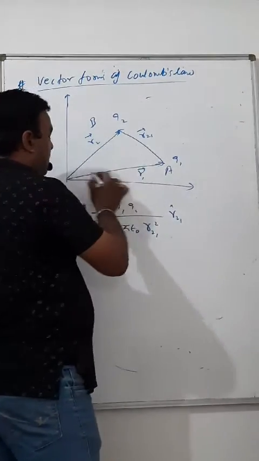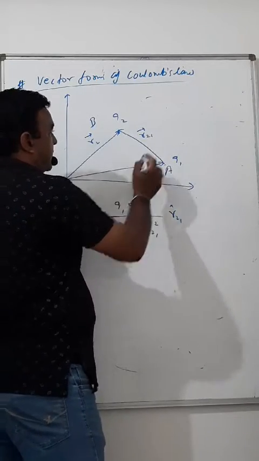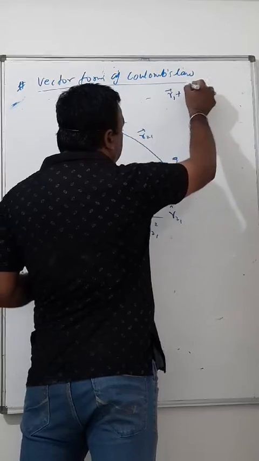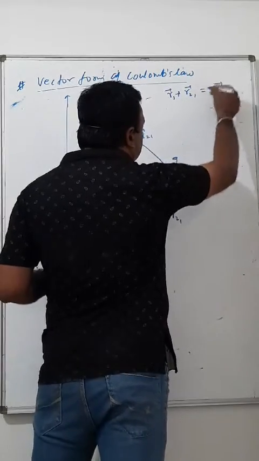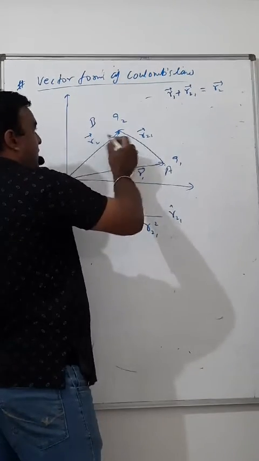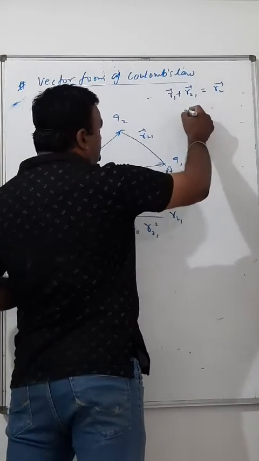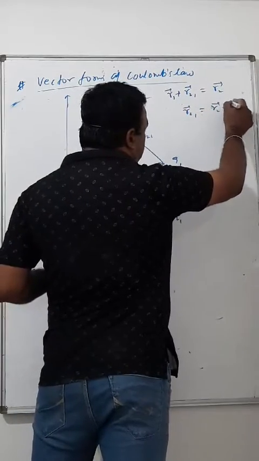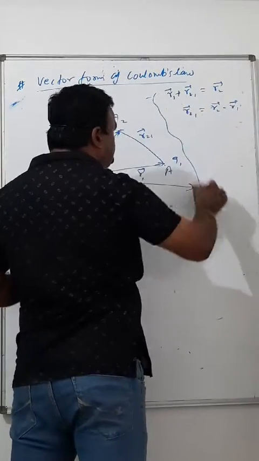Look at this triangle OAB. This R1 plus R21 is equal to R2. So R21 is R2 minus R1.